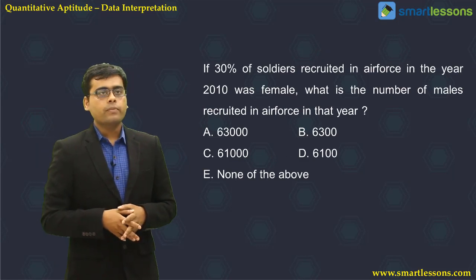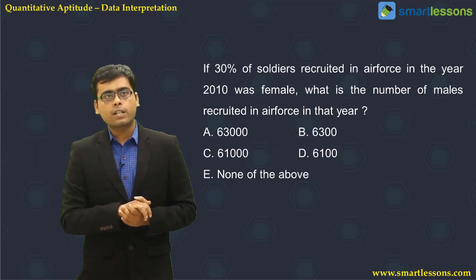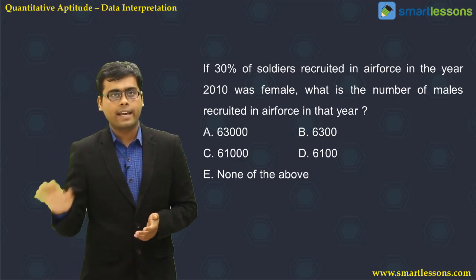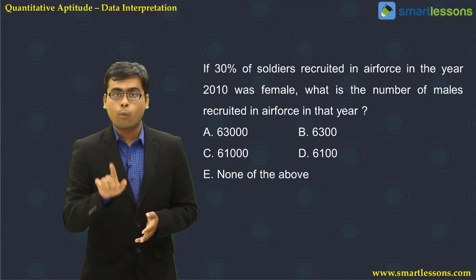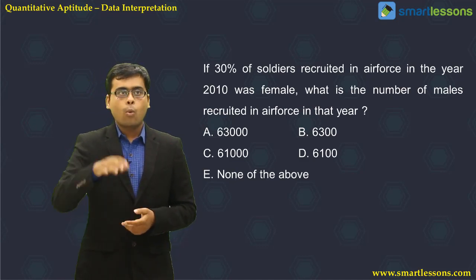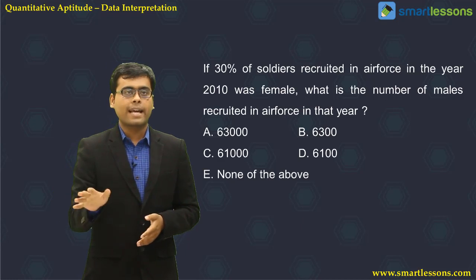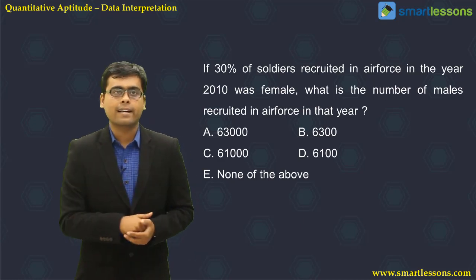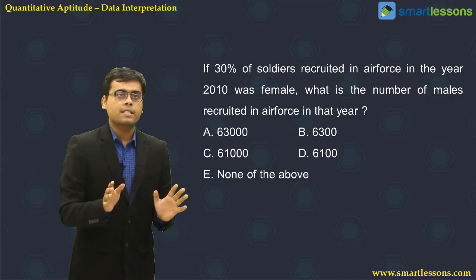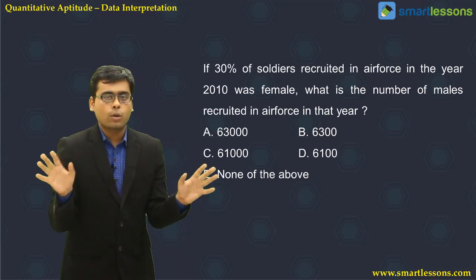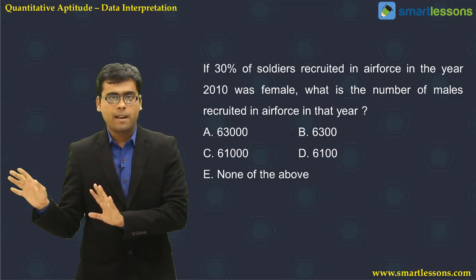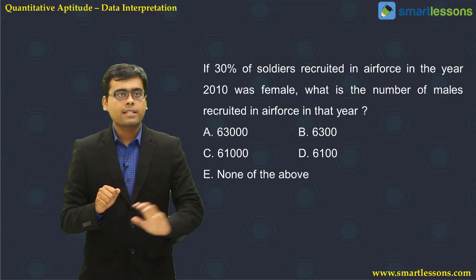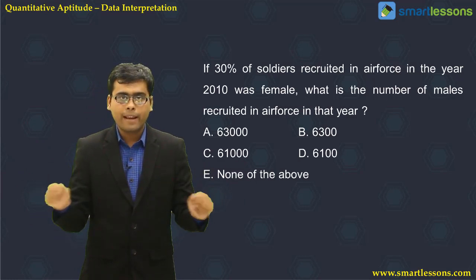Next, if 30% of soldiers recruited in Air Force in the year 2010 were female, what is the number of males recruited in Air Force in that year? So 30% of recruited soldiers were female. So it means 70% were male.